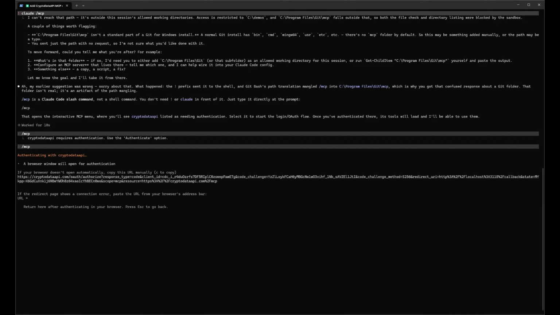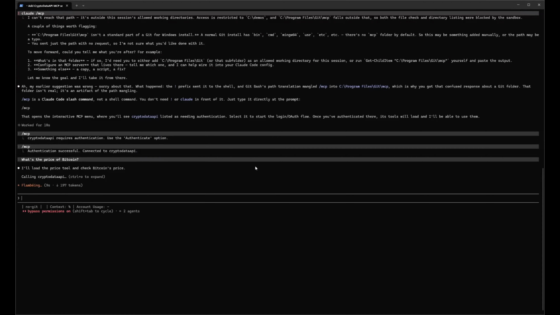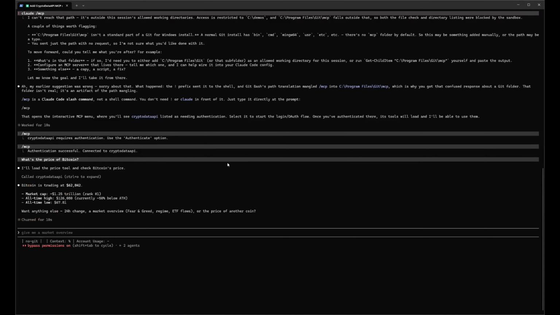This will open up a browser window, which will let us log in to connect the AI to the MCP server. We see authentication successful, and we can now connect it to the Crypto Data API. We'll ask a quick question to see if it's connected. What's the price of Bitcoin? You can see it's responded with the Bitcoin price is trading at 62,842.